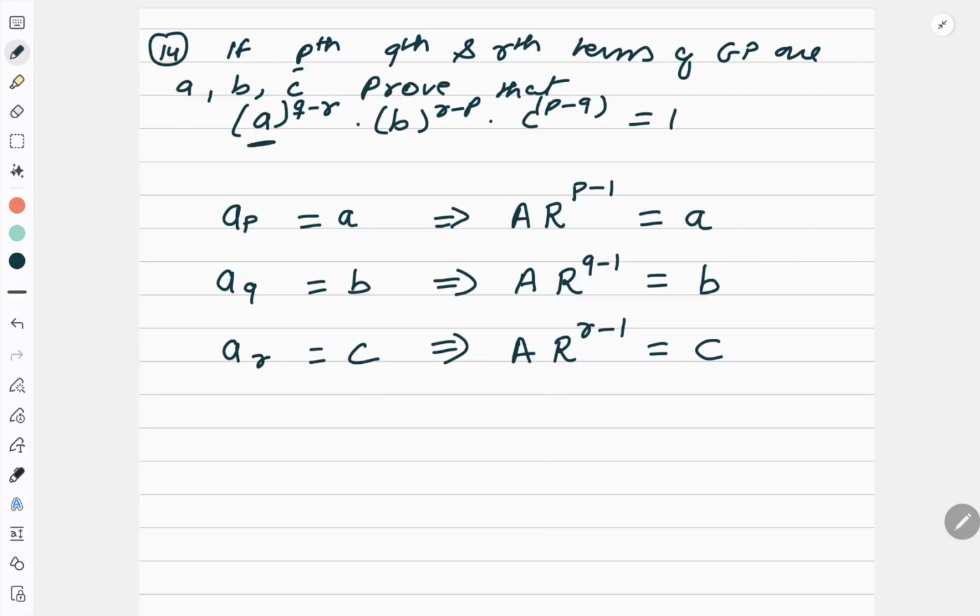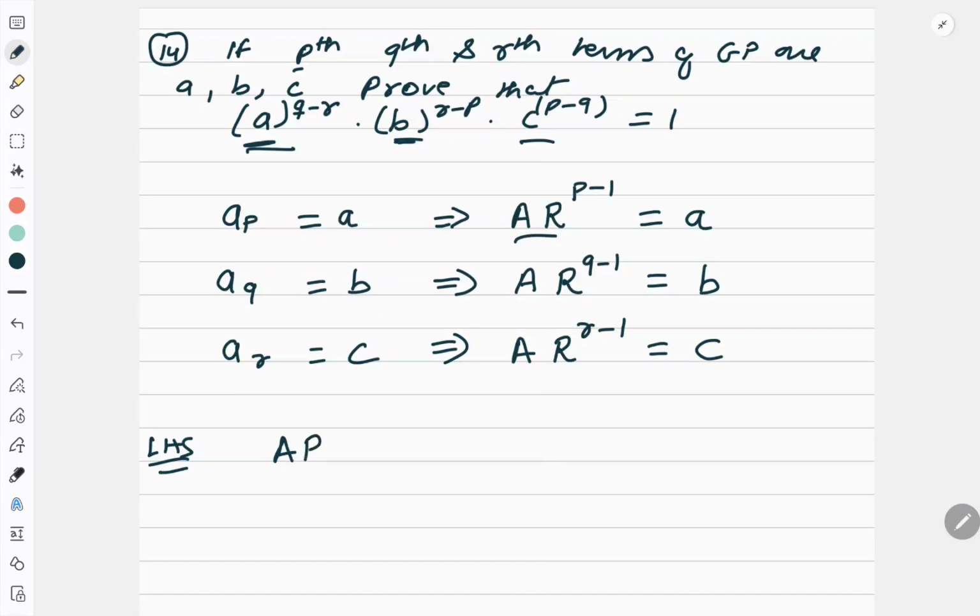What you have to prove? This means these values need to be raised to the power. Correct? So now what I will do, a to the power q minus r, and a value I already have. So I will solve the LHS.